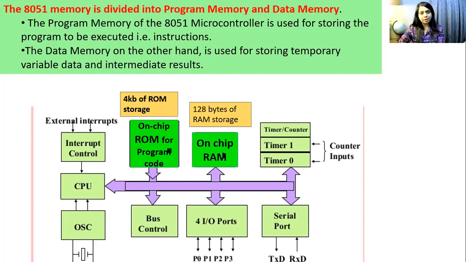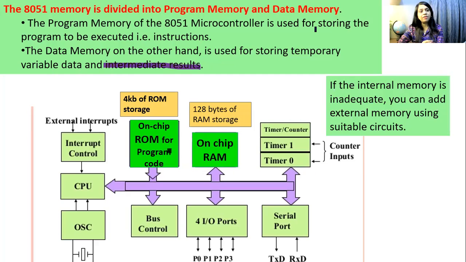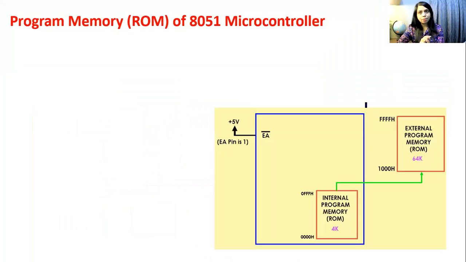It is the on-chip RAM, a 128 byte on-chip RAM available in 8051 microcontroller. If internal memory is inadequate, that means if it is not sufficient, you can add external memory using a suitable circuit. Now let's see how to add external memory.